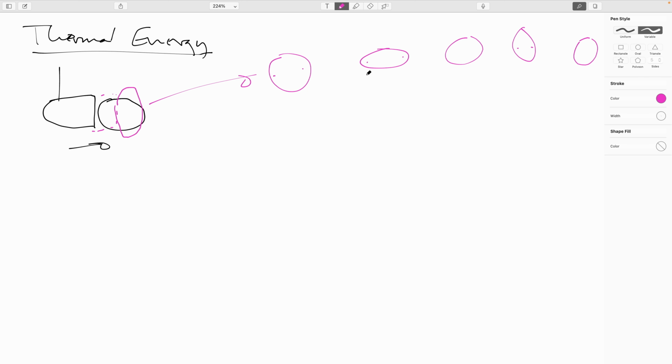So in addition to the kinetic energy that we associate with the bulk motion, the macroscopic motion, the bulk behavior, we also have a microscopic motion going on as well.